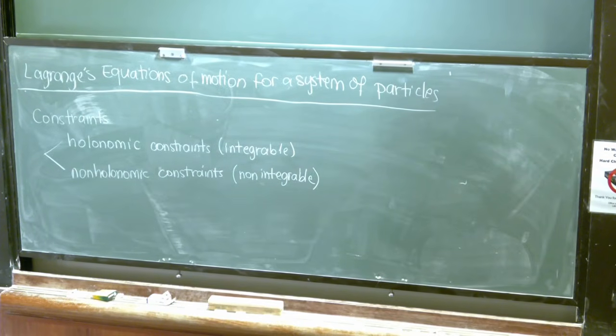There's a difference between a holonomic constraint and a holonomic system. Here we're looking at just holonomic constraints.